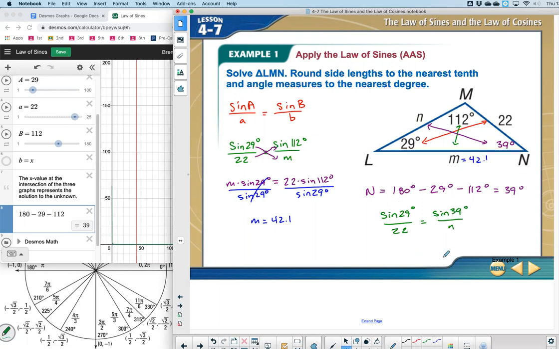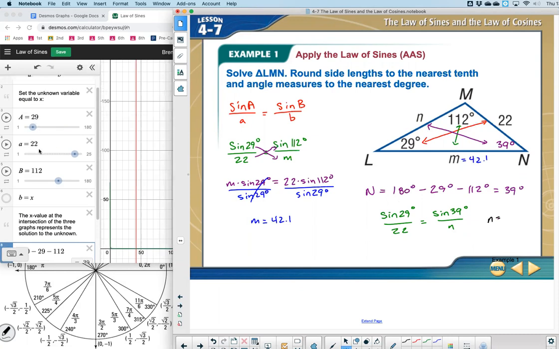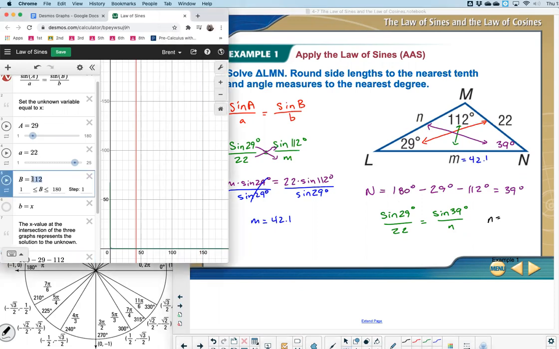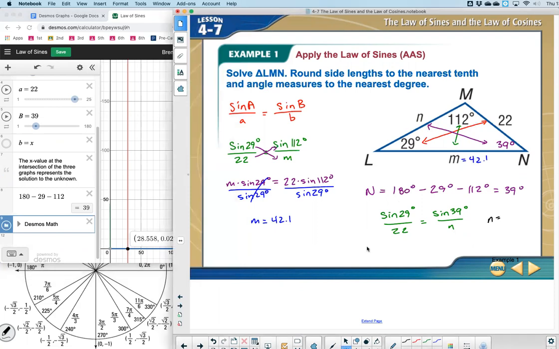And you could cross multiply and divide again, but I'm just going to use my calculator to find out what n is. I already have the 29 over 22 there. Now my angle has become 39, so it's sine 39 divided by x. Click here. I find out my answer is 28.6. That would be my n.